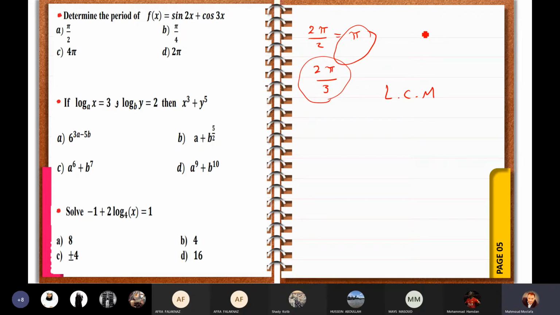Forget about pi. 1 and 2 over 3. How to find the lowest common multiple or least common multiple? Any answer?